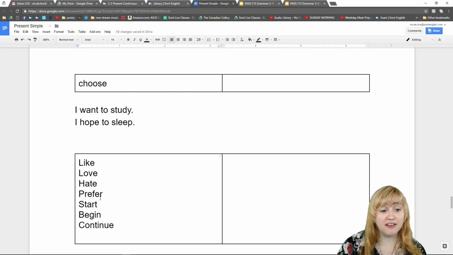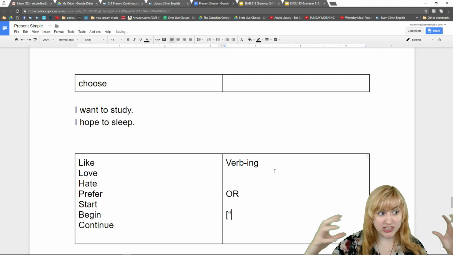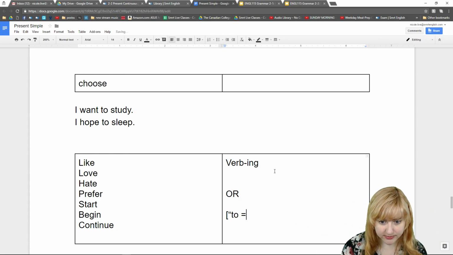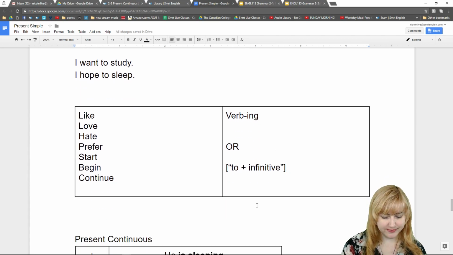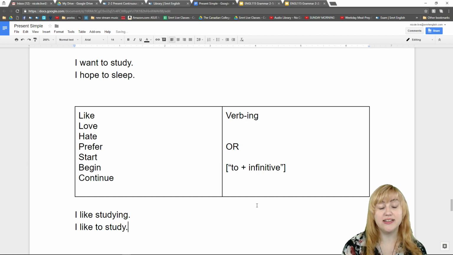If your first verb is one of those, then your second verb, you can use verb ing, or you can use to infinitive. Put that together. I'm putting them in a little box so you know that it's just together. It's like one thing. To plus infinitive. So for example, I like studying, or I like to study.